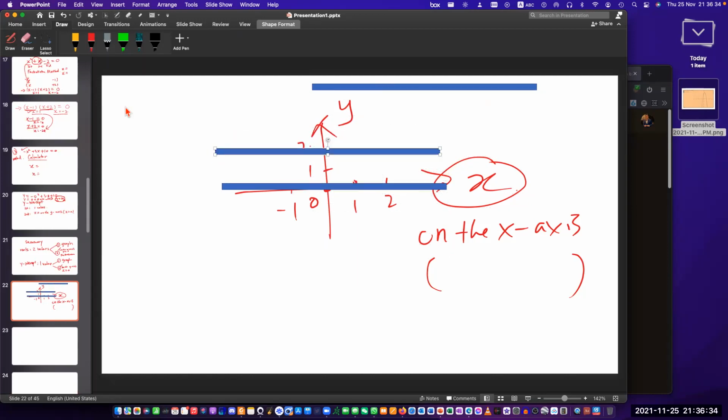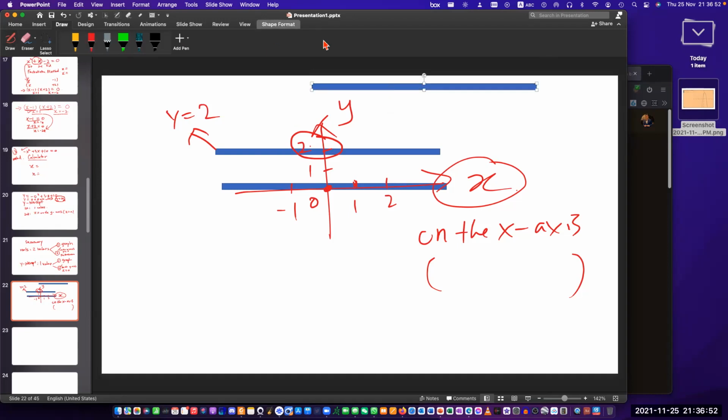So if I ask you what is this line, can you see that this line is at y equals to 2? Yes. Then if this line is y equals to 2, then what is this line?